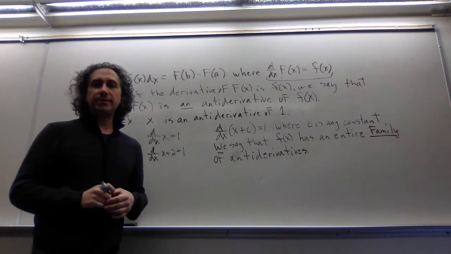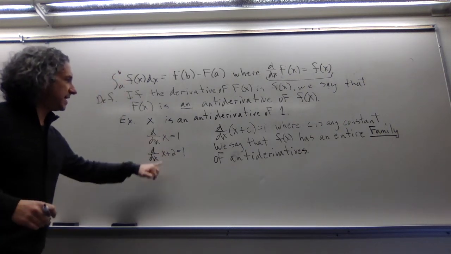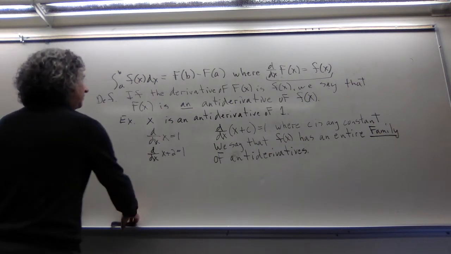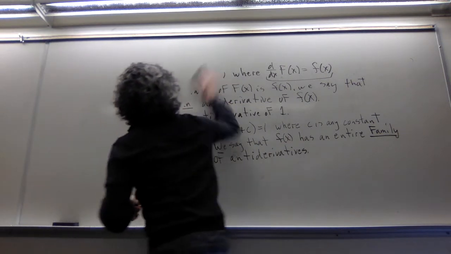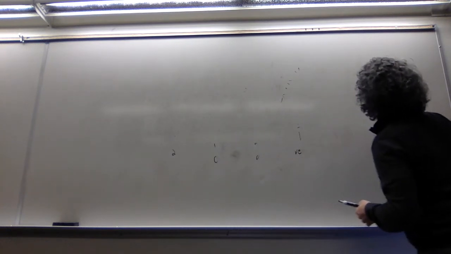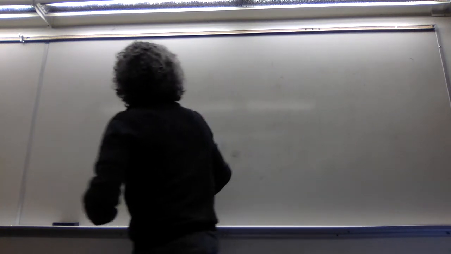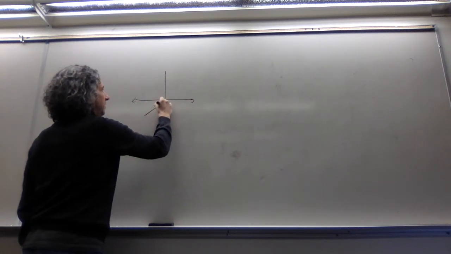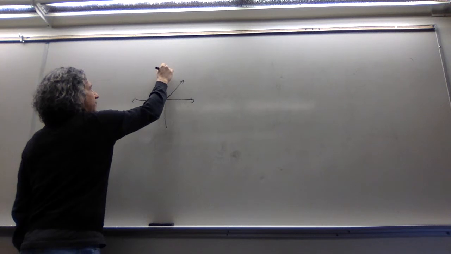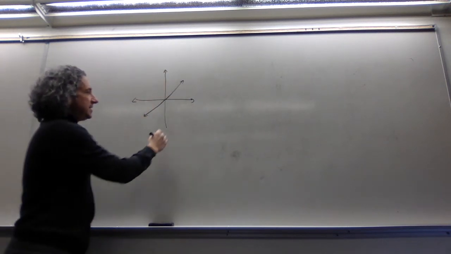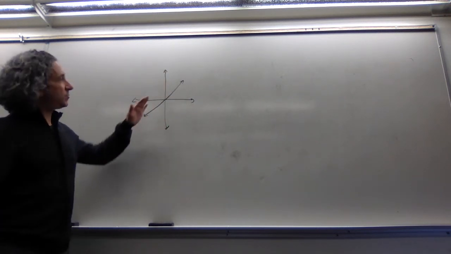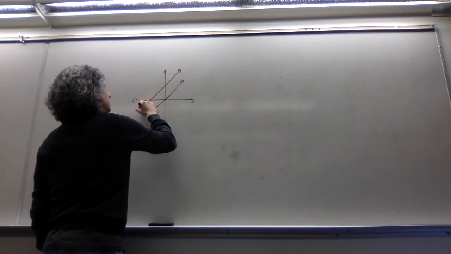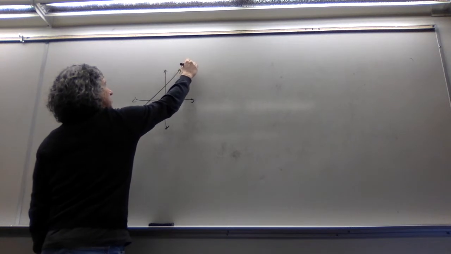And how are these guys related graphically? How is x plus 2, x plus c related graphically? Well, if you think about it, what we're doing is we're taking our function, let's say little f of x equals x. And if we're adding c, then we're adding c to the y values. So we're shifting this guy up and down. So this might be x plus 2.